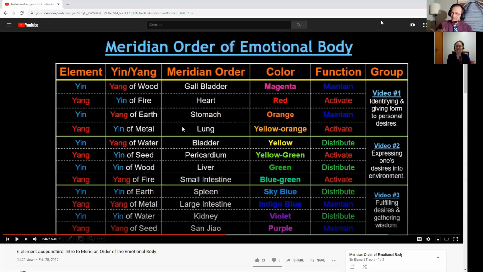Next time, if we don't have other things to talk about, we'll talk about the mental body, which is a completely different set of principles. Understanding the mental body really opens up the mind. But understanding the emotional body is really important to understanding how we're living, what we're doing.